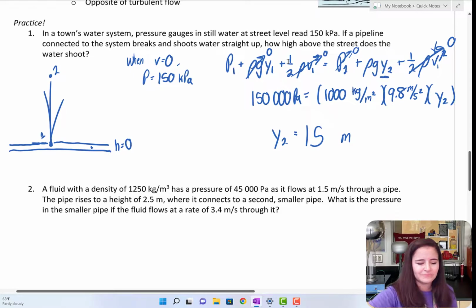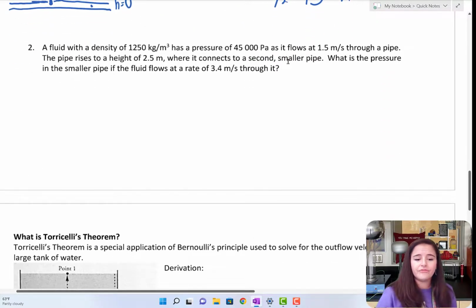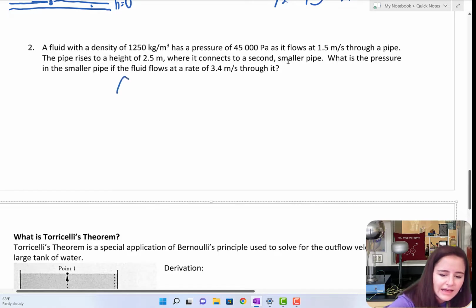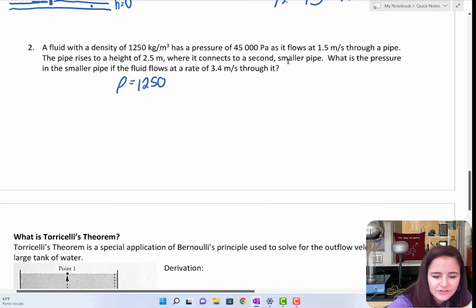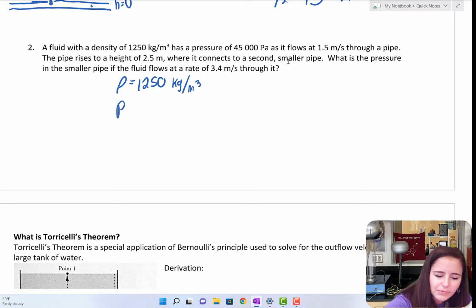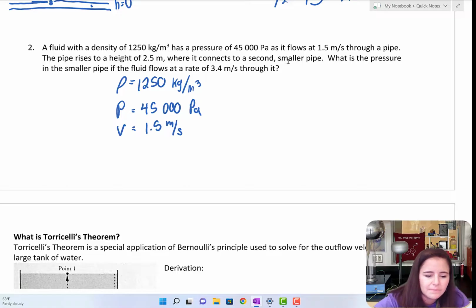Let's look at another one. A fluid with a density of 1,250 kilograms per cubic meter has a pressure of 45,000 pascals as it flows at a velocity of 1.5 meters per second through a pipe. Okay, so that's our P1 and our V1.